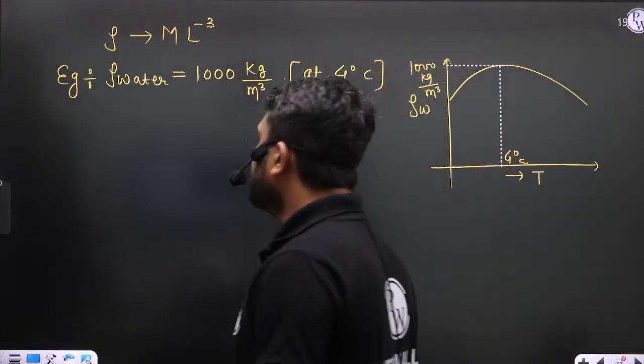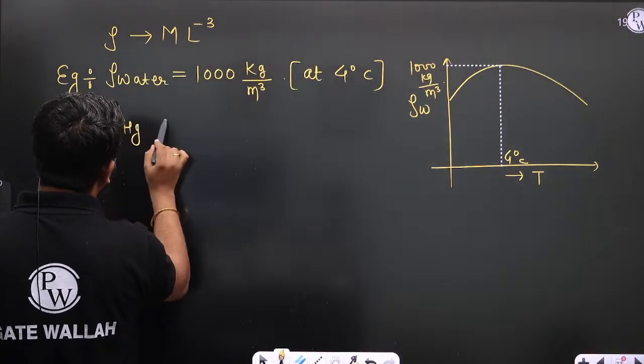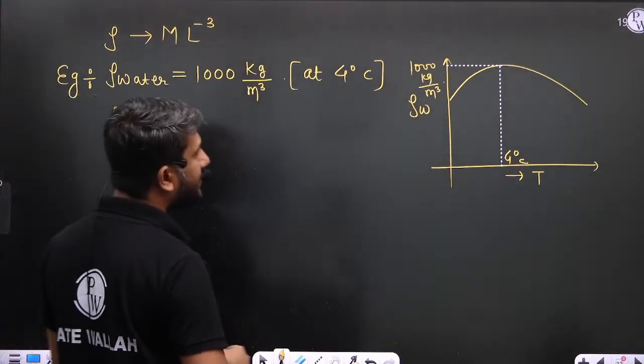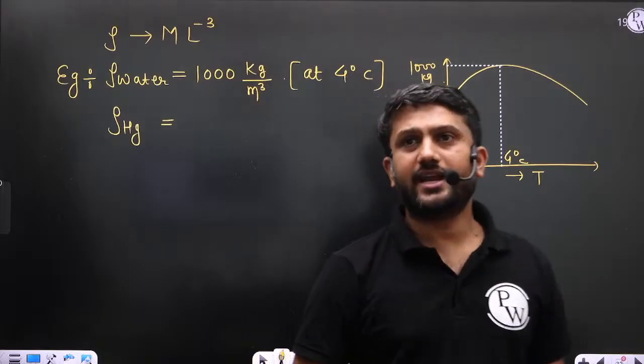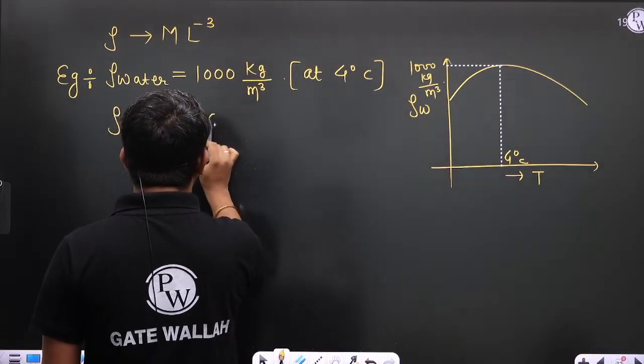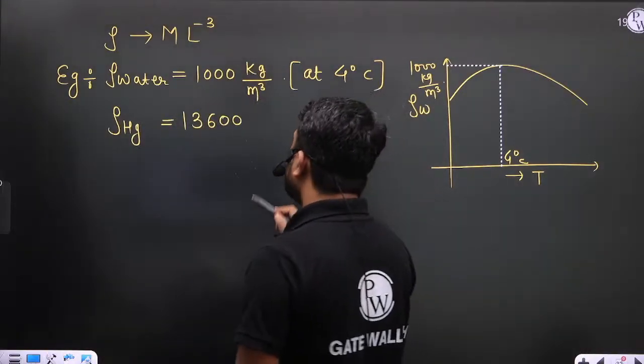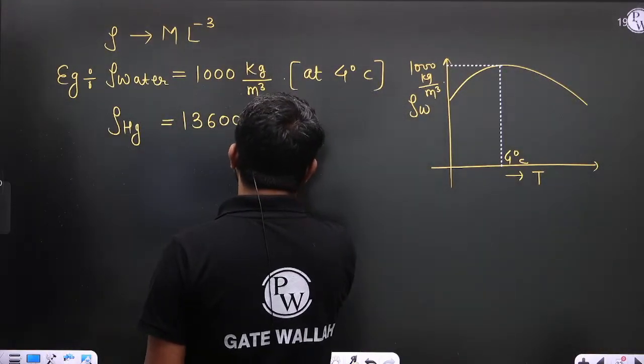Now, if I am talking about mercury, what is the density of mercury? The density of mercury is around 13600 kg per meter cube.